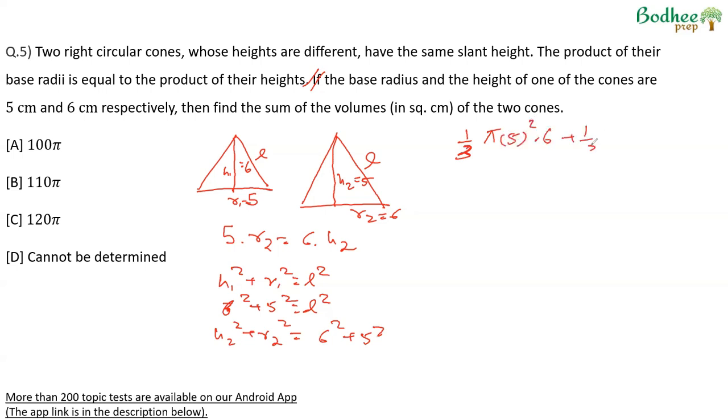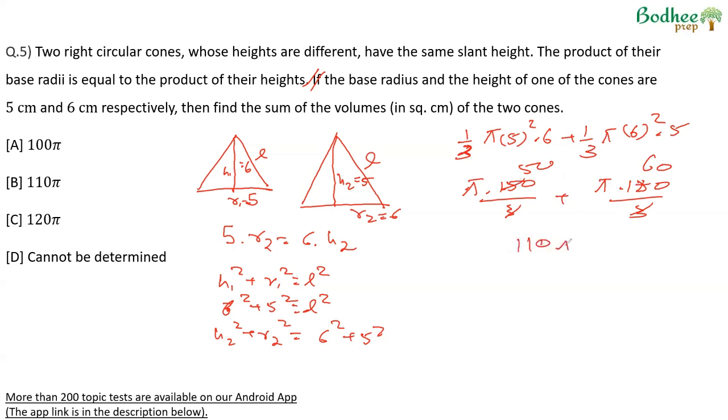The other will be 1 by 3 pi, r here is 6 square into 5. So this becomes 25 into 6, or we can say pi into 150 by 3 plus 36, pi into 180 by 3. This is 50, this is 60, and therefore 110 pi becomes my answer.